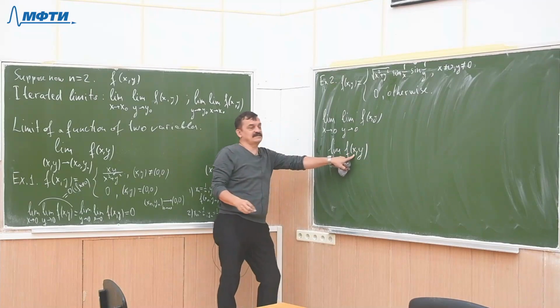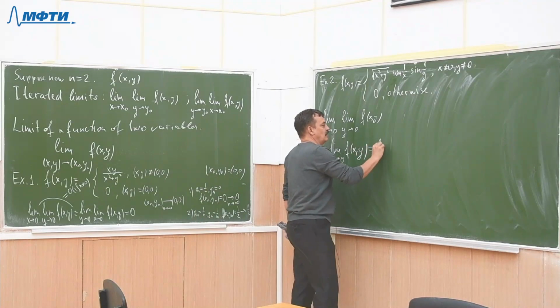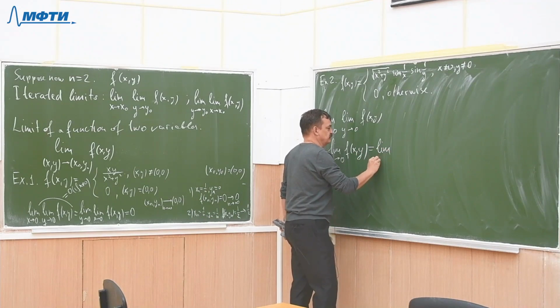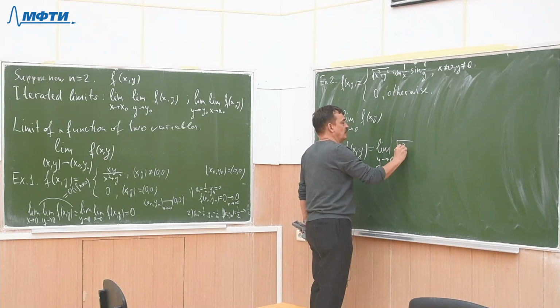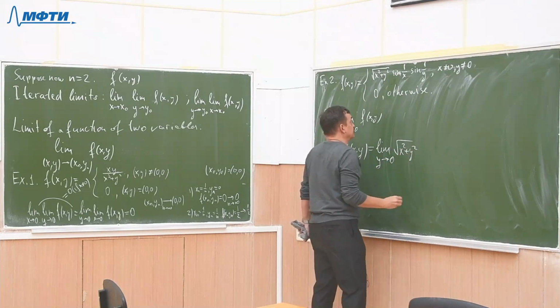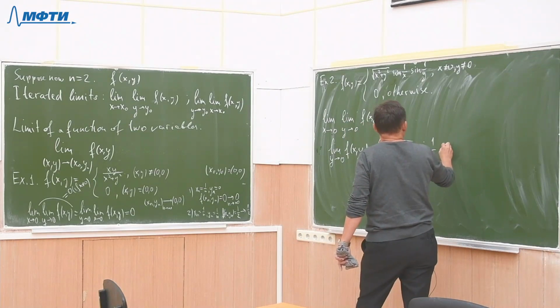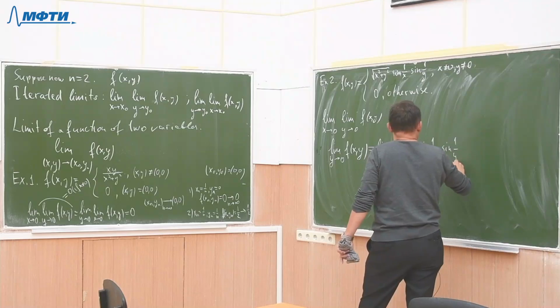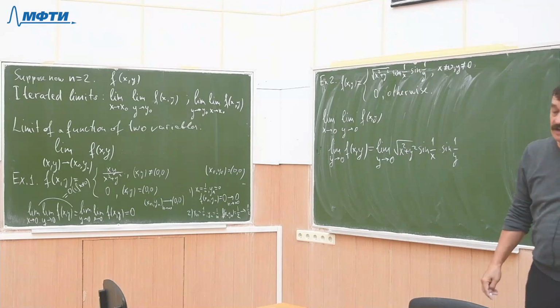So x is not equal to 0, and I'm interested in this limit: y tends to 0 of the square root of x squared plus y squared times sine 1 over x times sine 1 over y.